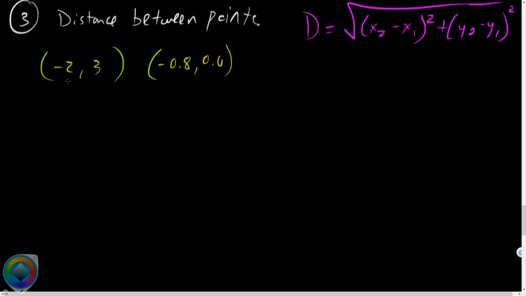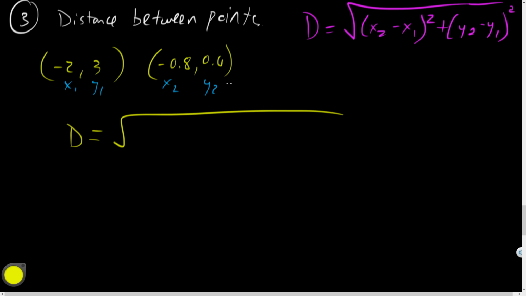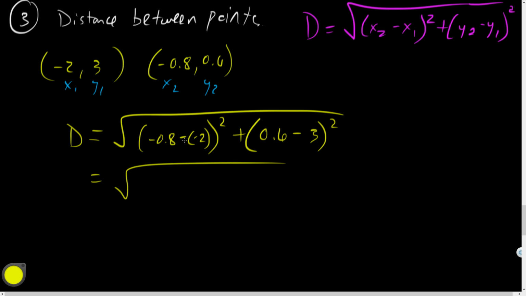I could label those as x1, y1, and x2, y2, although it won't matter too much. And I would get distance equals the square root of (negative 0.8 minus negative 2) squared plus (0.6 minus 3) squared. I'm probably going to start reaching for the calculator. Minus a negative becomes plus.